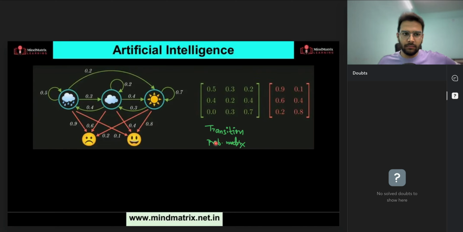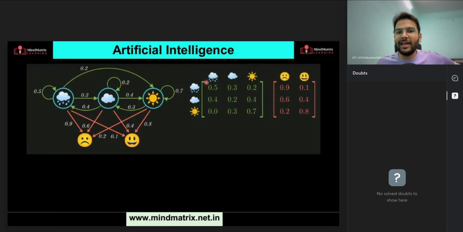And the red matrix that we have is nothing but the emission probability matrix. These are the two matrices that we can form based on the graph given to you, or you can say based on the Markov chain given to you. Clear? Now, just for more clarification, we can add the weather also, just the indexes. Basically it is in this order: rainy, cloudy, and sunny, and here it is sad, and here it is happy.